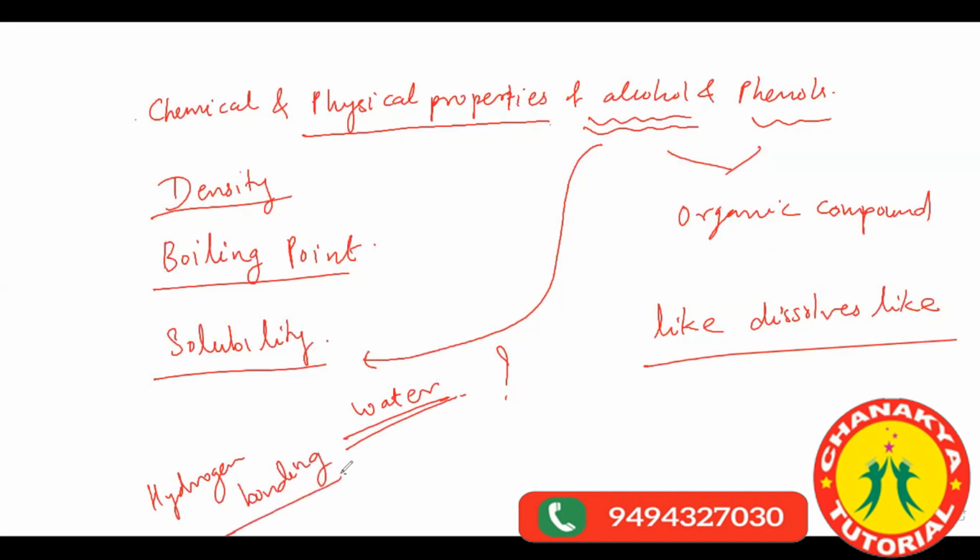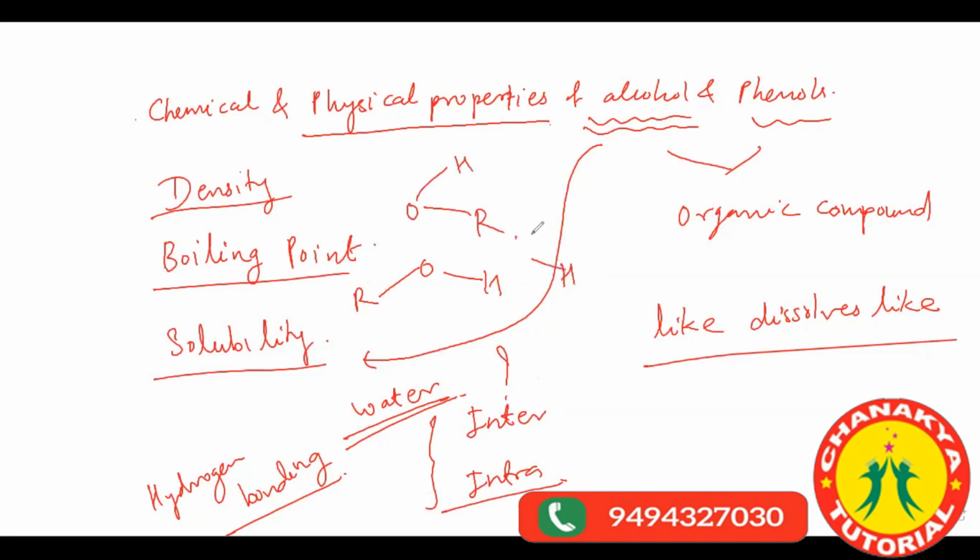Which type of hydrogen bonding? Hydrogen bonding is of two different types, I have already explained: intermolecular and intramolecular. So if you see one alcohol molecule ROH, another alcohol molecule ROH, and suppose a water molecule HOH, this hydrogen and oxygen will form hydrogen bonding.